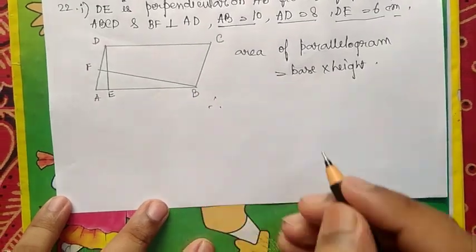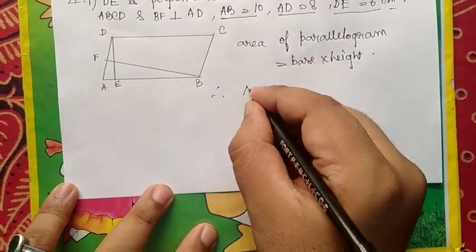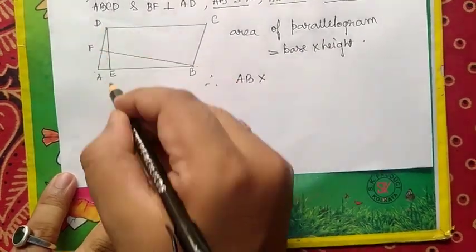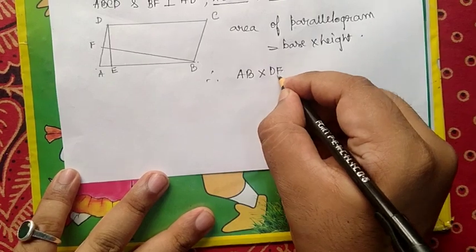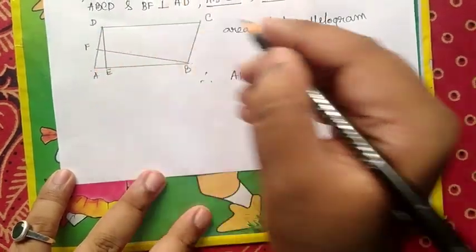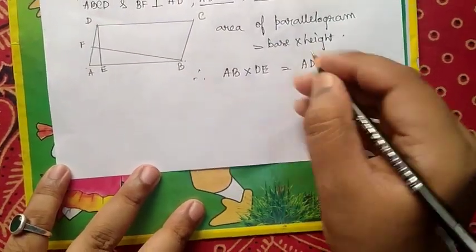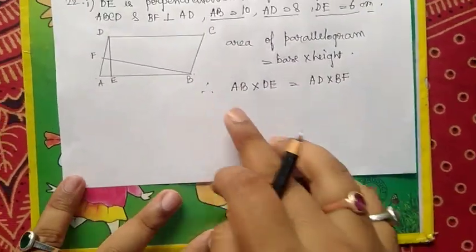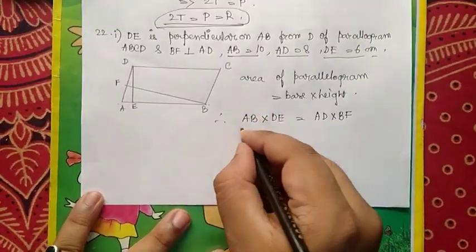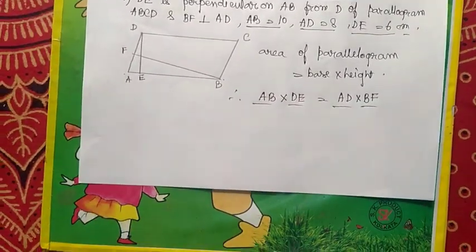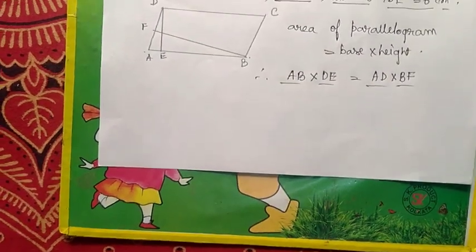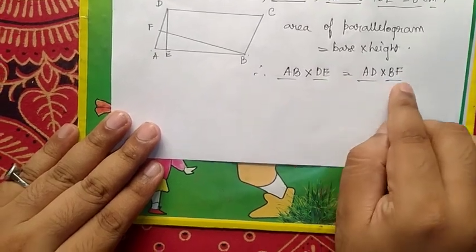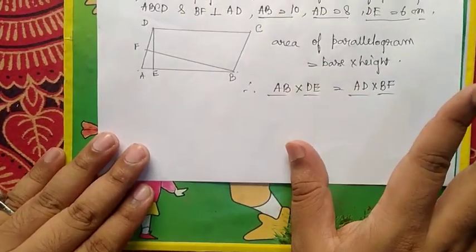So therefore if AB is the base, area is AB base and height should be DE, which is equal to, if AD is the base, height should be BF. For these four sides, values are different, but if we multiply these two, we get the area of the parallelogram. Both are the same aspect.